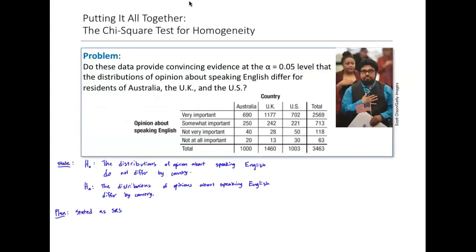We have 3 samples: 1,000, 1,460, and 1,003. Just multiply each one of them by 10. So the Australia population is greater than 10,000.